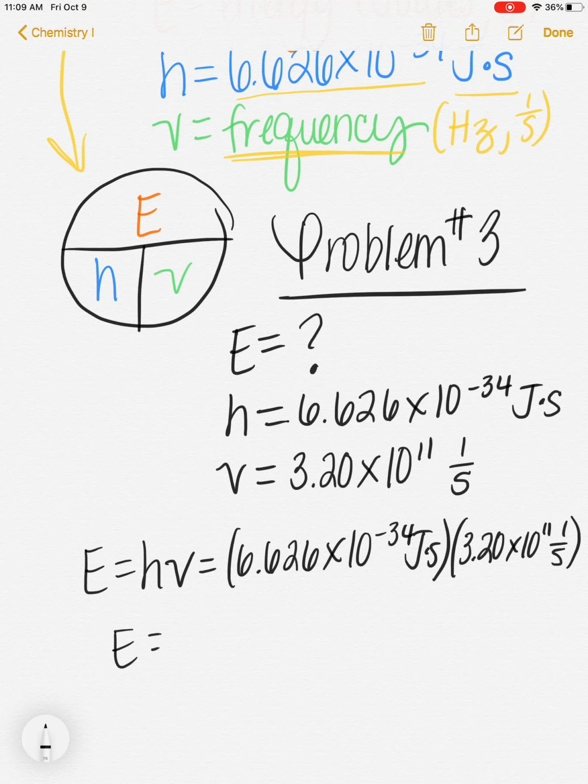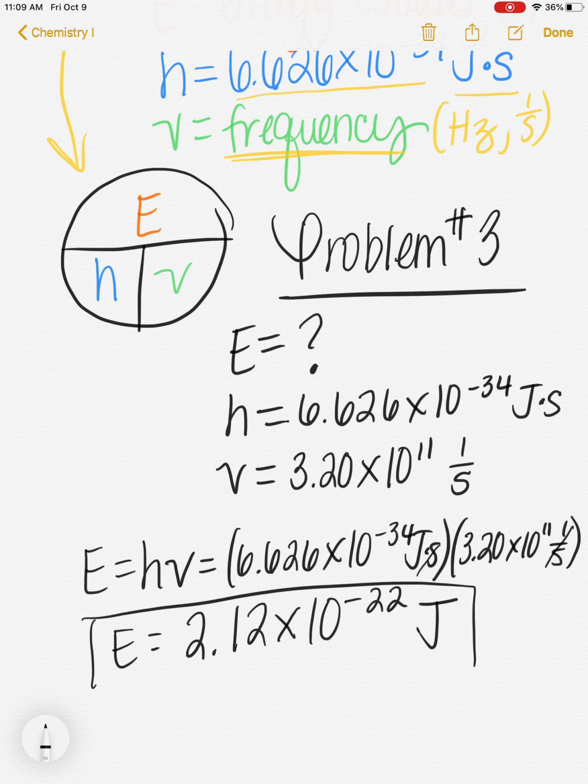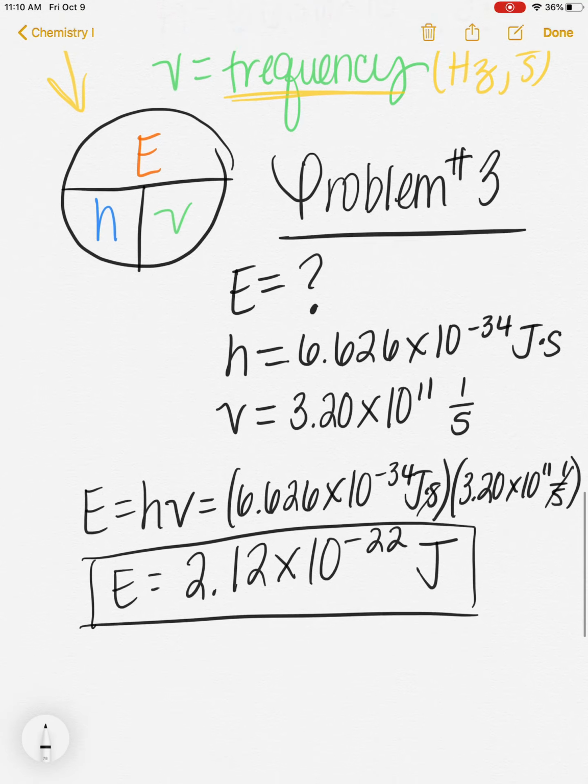Use your parentheses wisely. I would highly suggest actually doing this on your calculator as you're watching the video to make sure that you know how to get these answers. The answer that I get is 2.12 times 10 to the negative 22nd power. And the units, because seconds cancel out, are joules, which is the correct unit for energy.